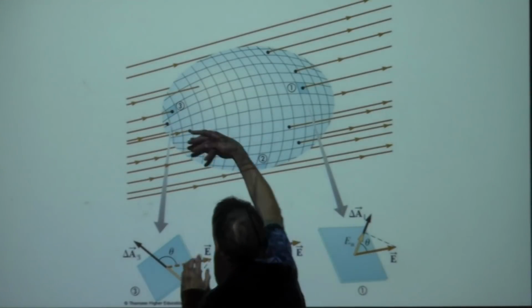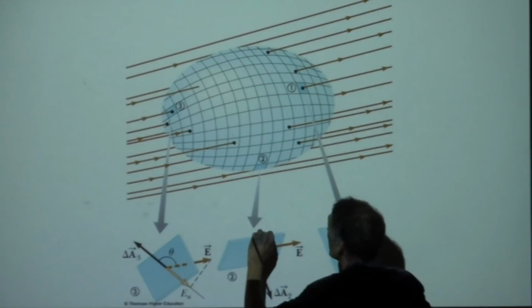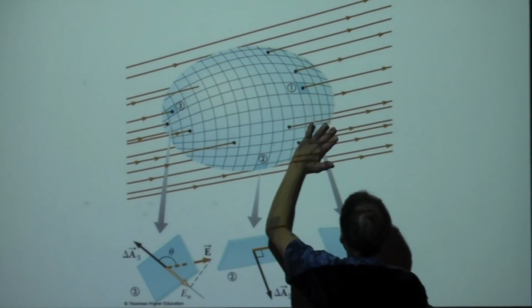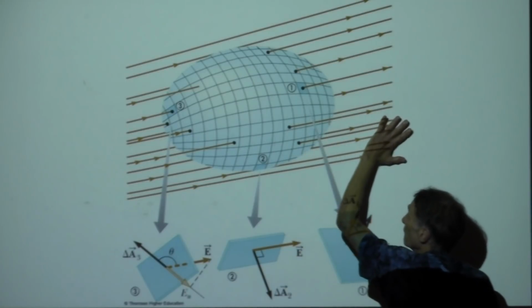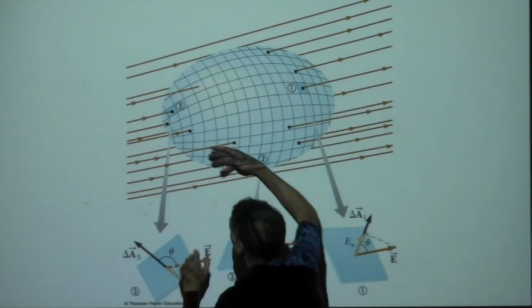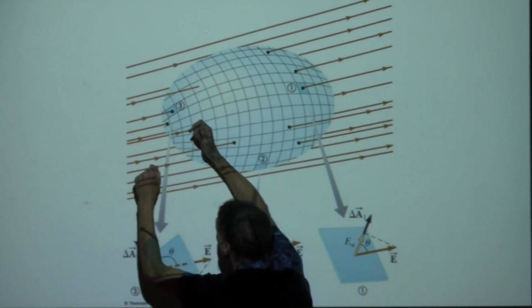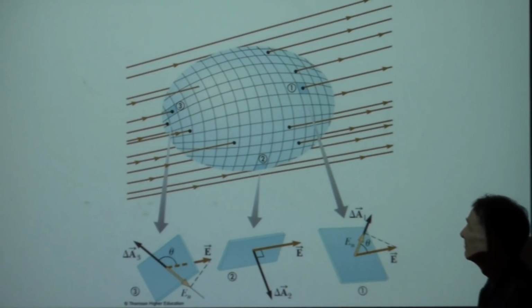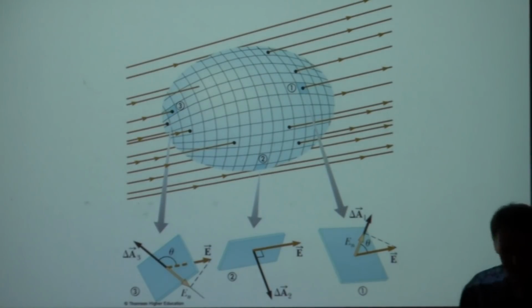Again, the area vectors are pointing out here. They're also pointing out here. When the electric field lines are going out of the surface, we call that a positive flux, which is going to lead to a positive sign with our convention. And if we have the area vectors pointing out while the field comes in, that's going to be a negative flux. So whether it's a plus flux or a minus flux depends on those directions.